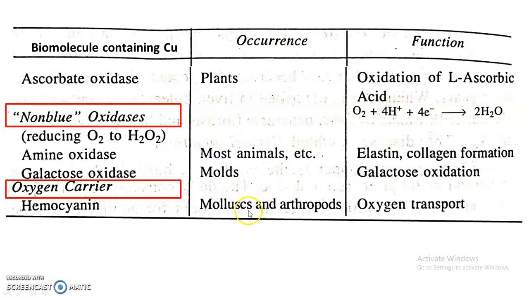The deoxy form of hemocyanin is colorless and contains the cuprous ion, and the oxygenated form is blue and contains the cupric form of copper, that is Cu2+.